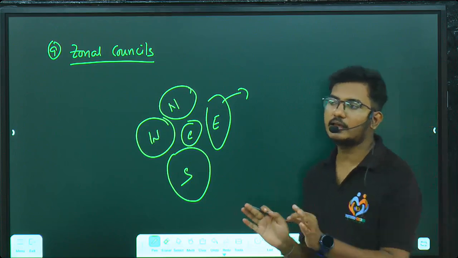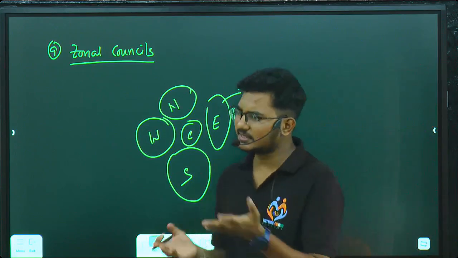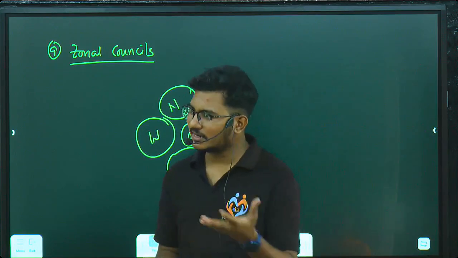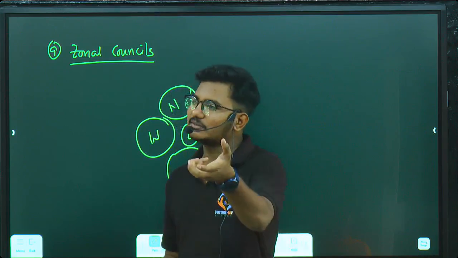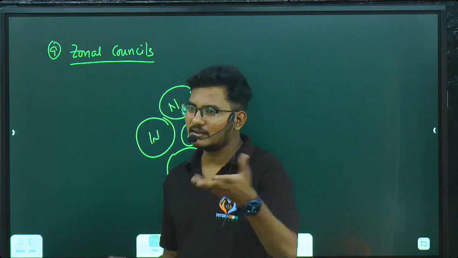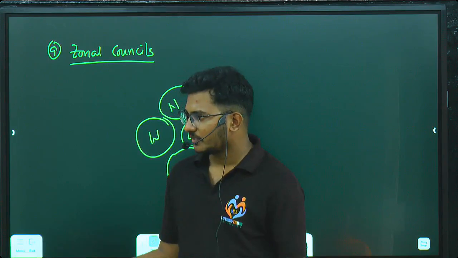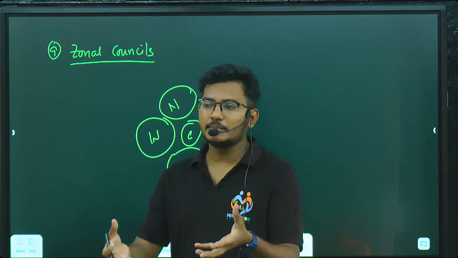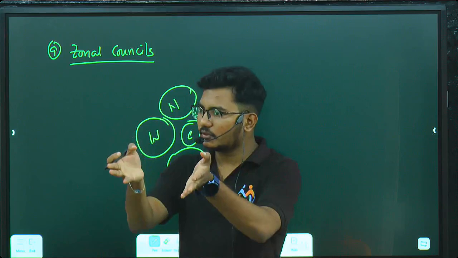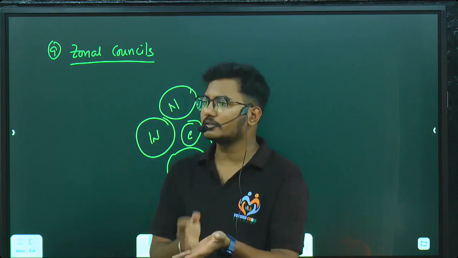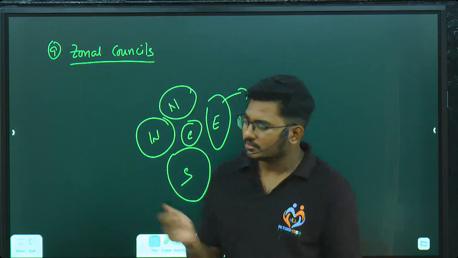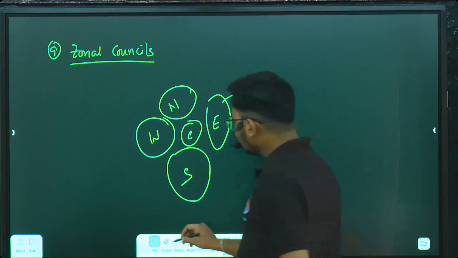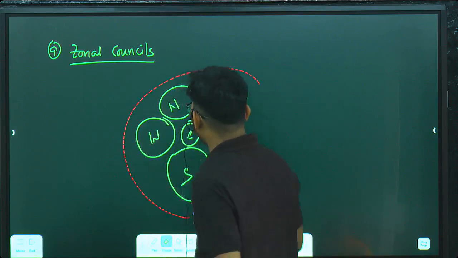Federal structure means the state has to have some power, right? If a state says something to the center and it doesn't create any impact, then there is no federal structure. If 5 or 6 states come together and raise their voice, and it creates impact on the center, then obviously it will strengthen the federal structure.